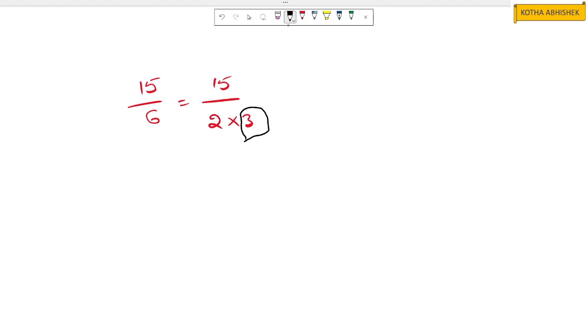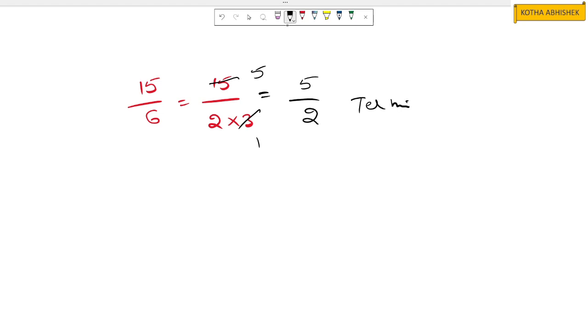Before confirming whether it has a terminating or non-terminating decimal, first cross-check whether any simplification is possible. So here, 3 times 5 over 3 times 2, and the answer is 5 divided by 2. So here in the denominator we have only 2, so it has a terminating decimal.